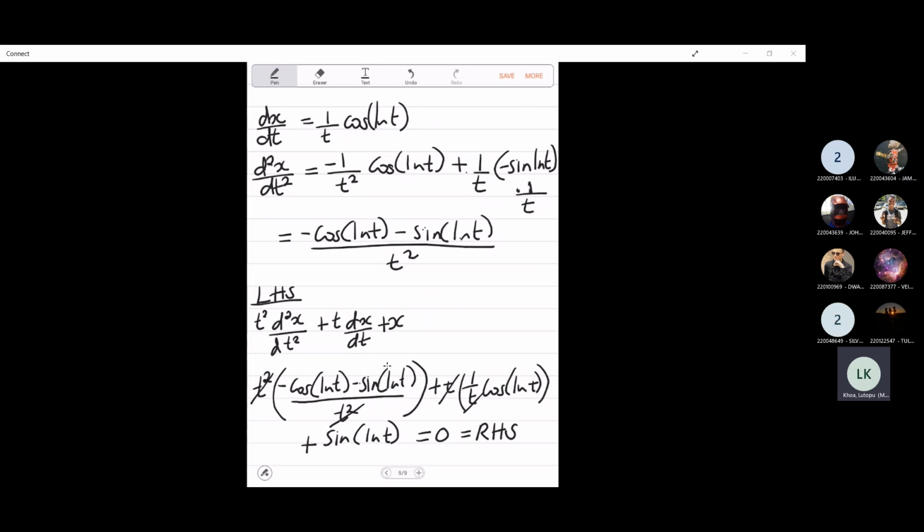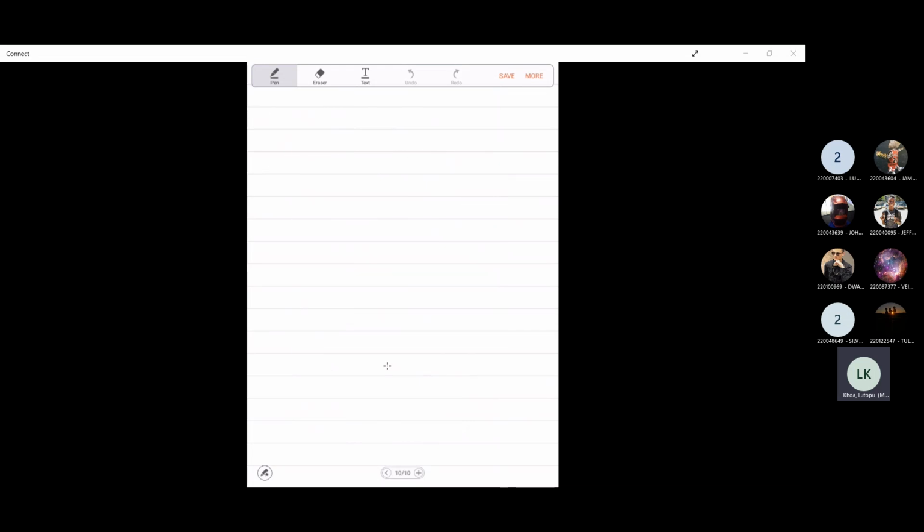Okay, then let's look at number 3. We have to show that y is equal to e to the power of x sine x is a solution of d2y/dx2 minus 2 dy/dx plus 2y is equal to 0.